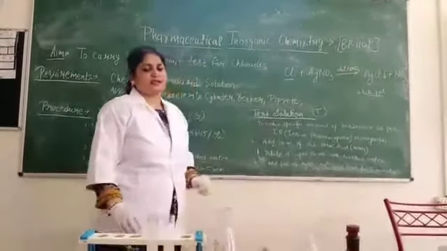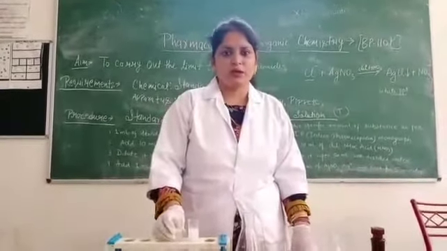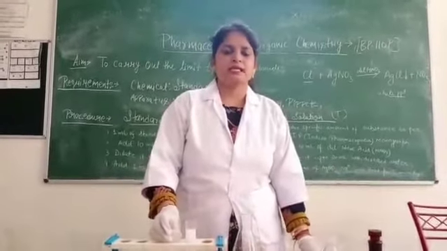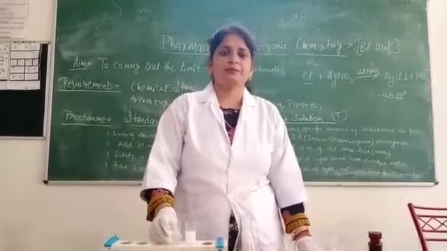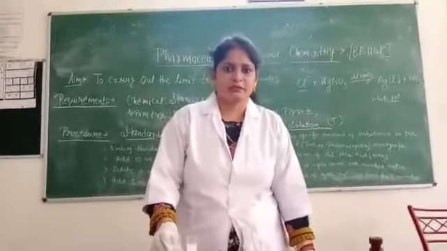We can say that our test solution has passed the limit test for chloride. That means impurities present in this solution are less than prescribed in the monograph. So we can consider that sample positive. Thank you.